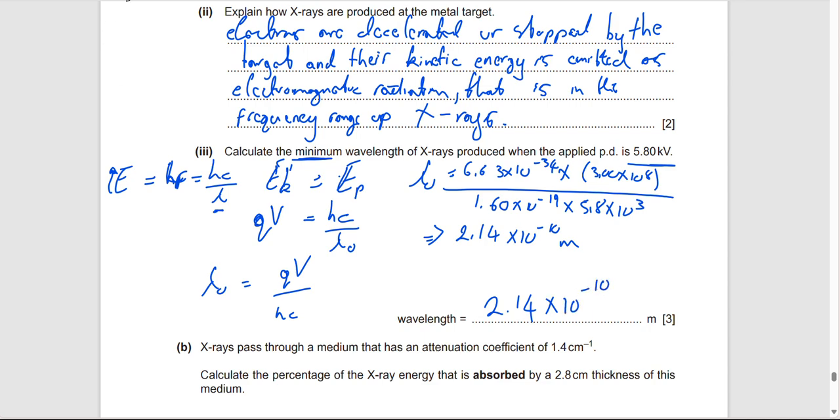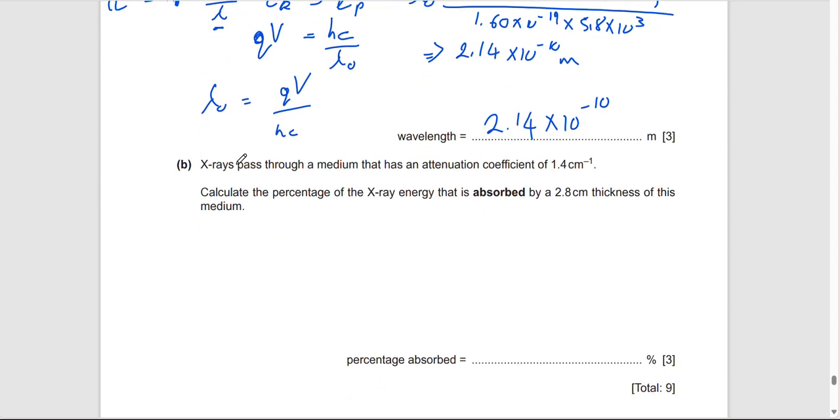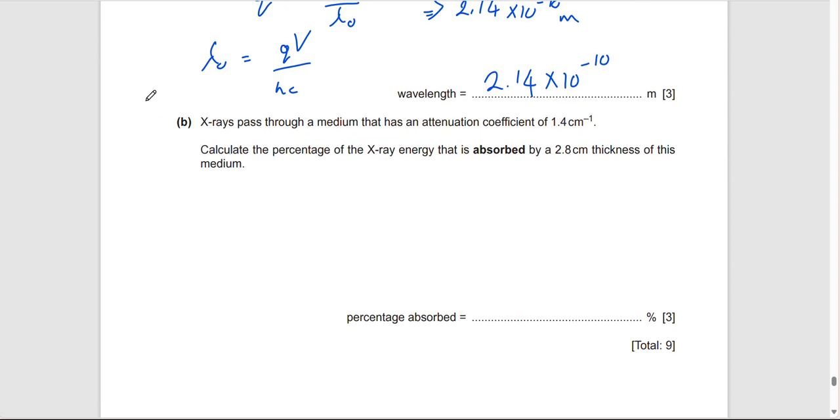There we go. Okay. Now, for the last question, B. X-rays pass through a medium that has an attenuation coefficient of 1.4 centimeters to the negative one. Calculate the percent of X-ray energy that is absorbed by 2.8 centimeters thickness of this medium. All right.